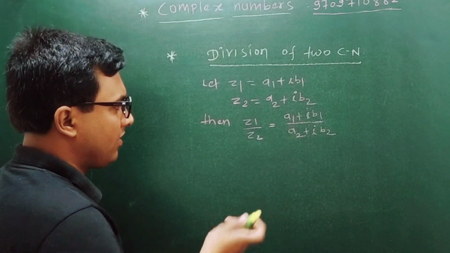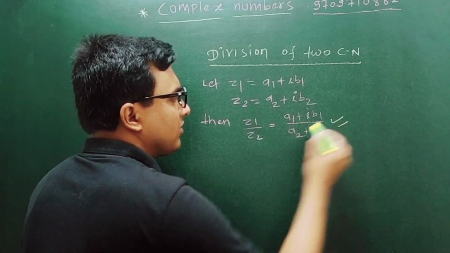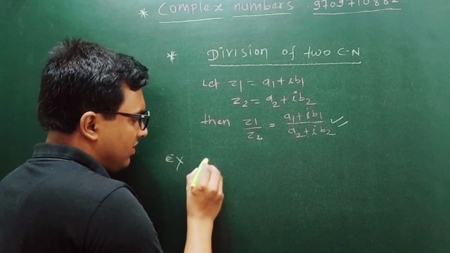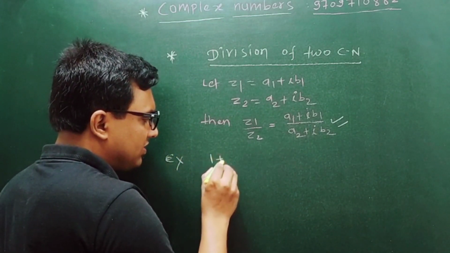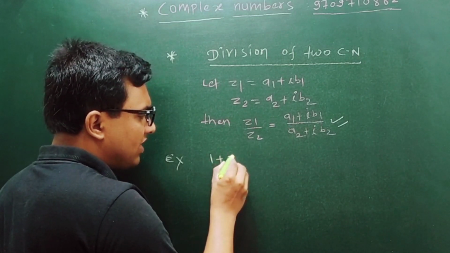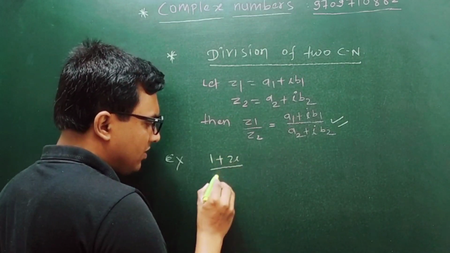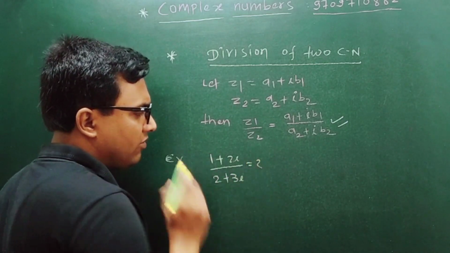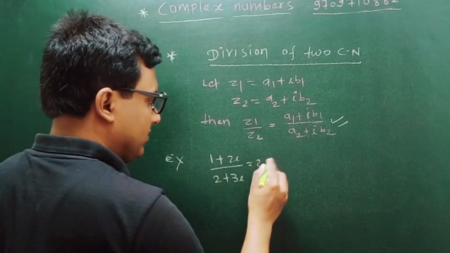Next, we clear this concept with an example: 1 plus 2 iota upon 2 plus 3 iota. What is the value of this complex number?